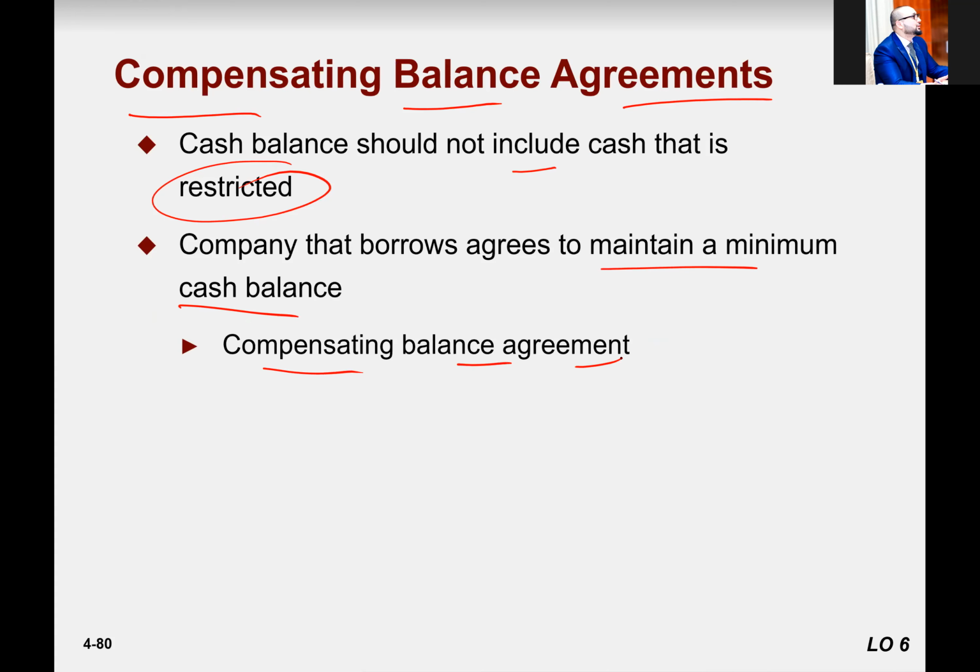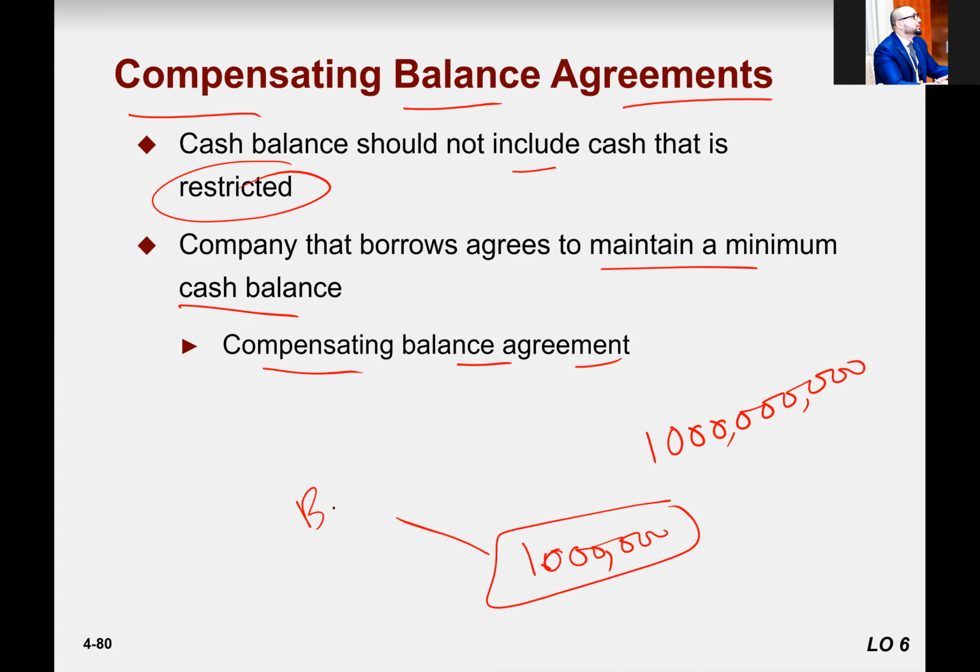For example, you ask a loan from the bank of $1 billion, right? The bank says that $1 million you cannot use. You must maintain the $1 million balance in your bank account with us. So how much money can we use?